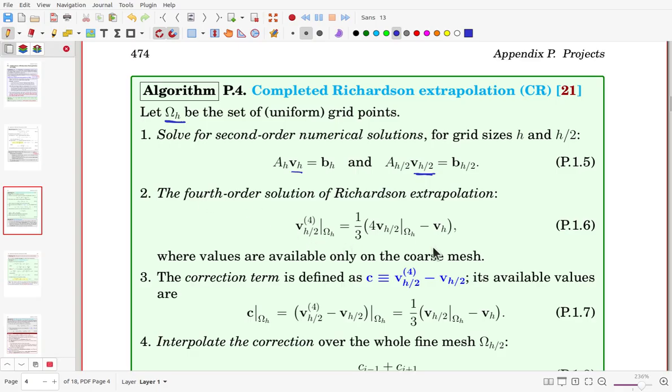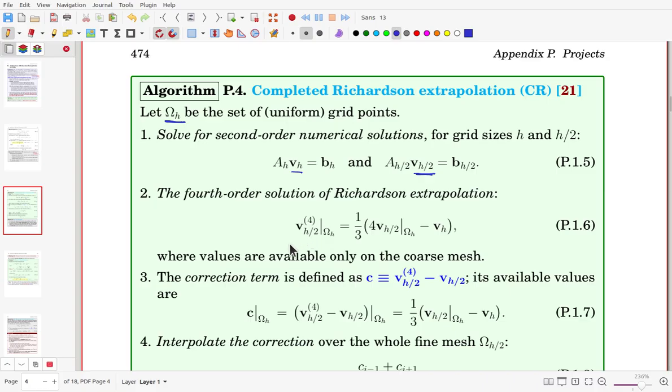You already know that, but it is available only on the coarse mesh. So the omega h is the coarse mesh, and omega h over 2 is the fine mesh. And the available value is only on the coarse mesh. So the restriction on the coarse mesh, and along with that, you can get this quantity divided by 3, and you can get the fourth order solution only on the coarse mesh.